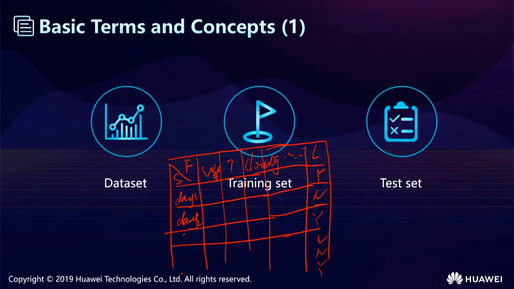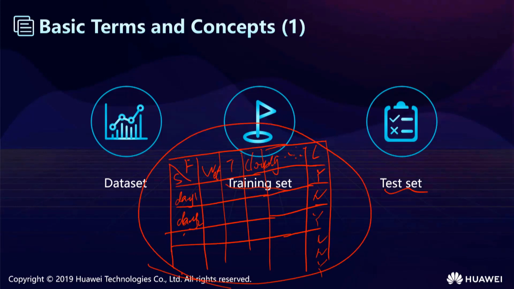The data set is split into two parts: the training set and the test set. The training set is used to train our models, and the test set is used to test whether our models perform well or not. In the weather case, the data set is the whole data, and the features are these factors, the weather data features.